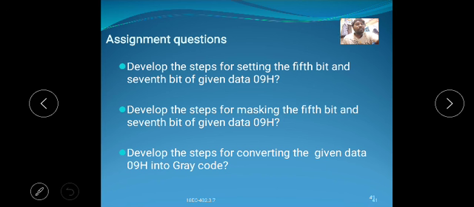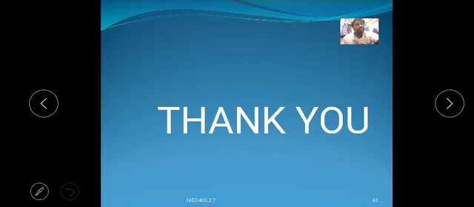And develop the steps for converting the given data 09H into the Gray code. These are the assignment questions. I hope all of you understood the logical AND, OR and XOR operations in the different addressing modes.